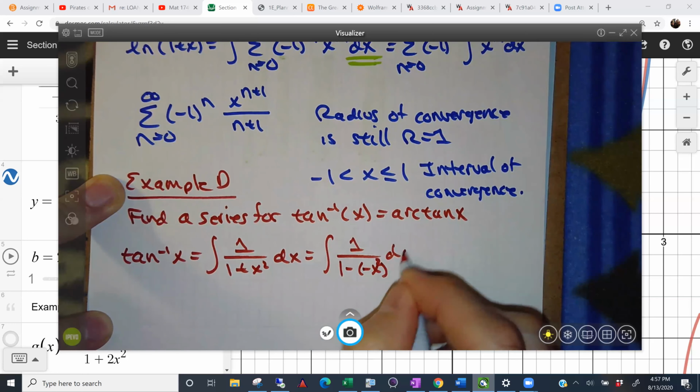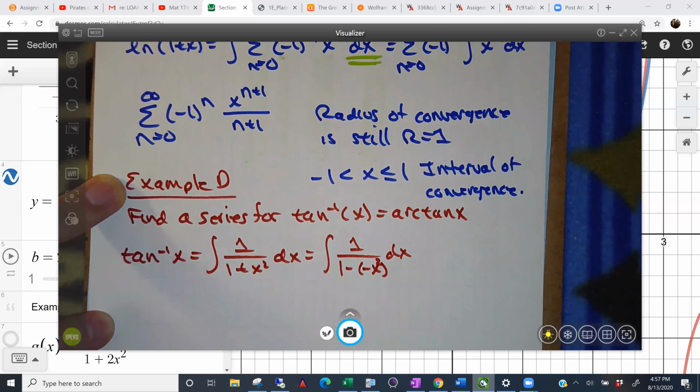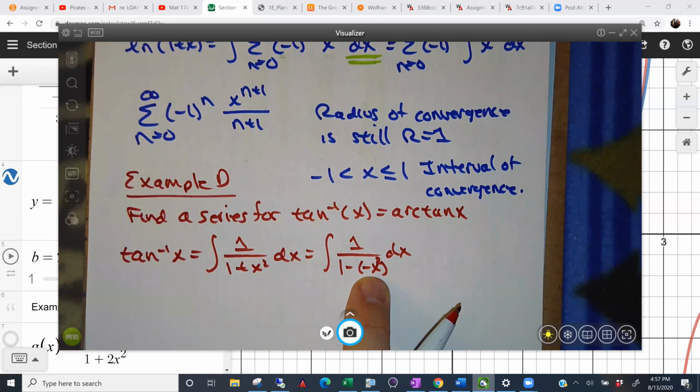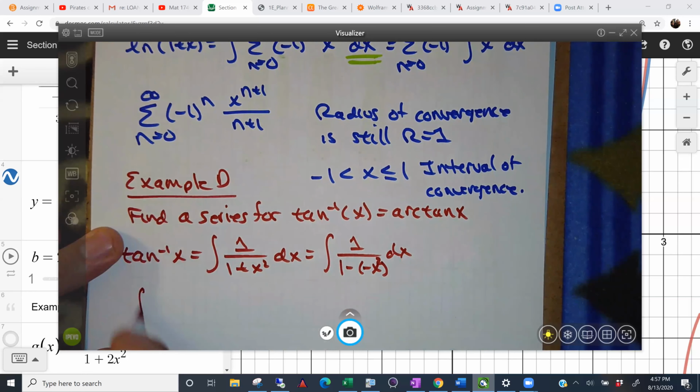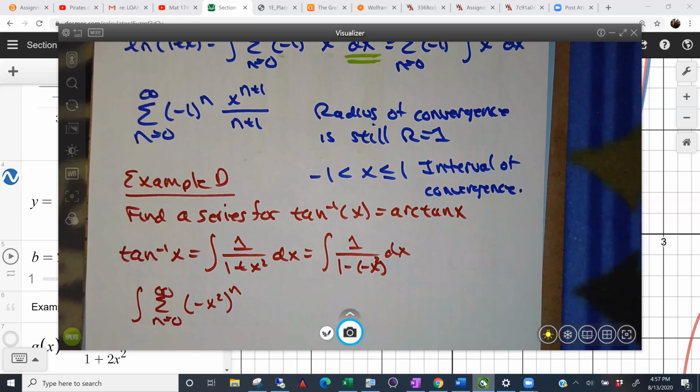And I still have a dx here. This puts it into the form of a series. So, okay, let's rewrite that as the sum from n equals 0 to infinity of negative x squared to the nth power, like that. And I still have my dx here.